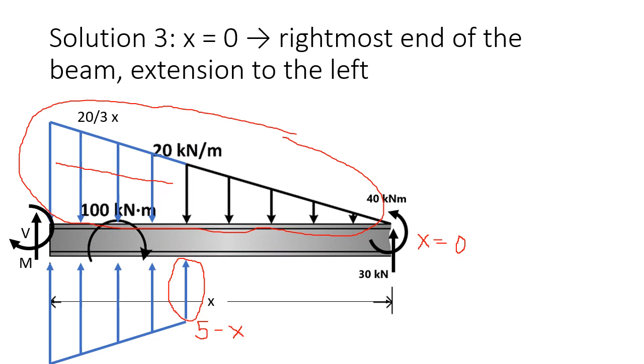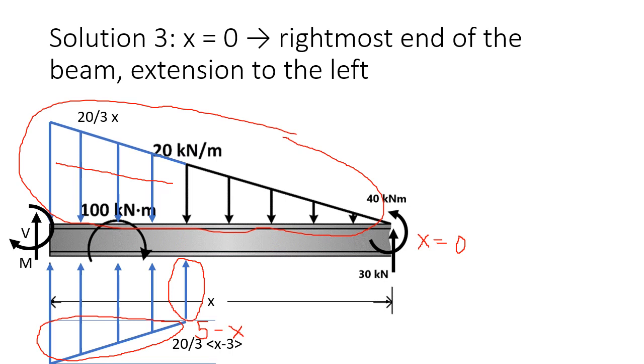And then the height of this triangle is 20 over 3 times x minus 3. Again, still the same shortcut. The slope of the triangle is 20 over 3, and the base is now x, from the rightmost end of the beam up to the section.